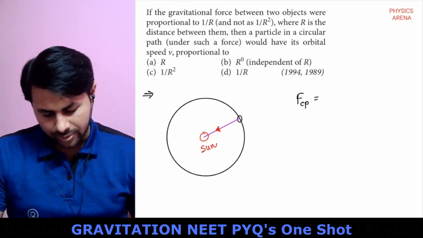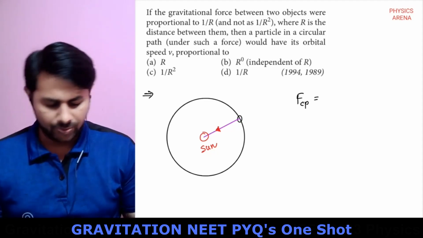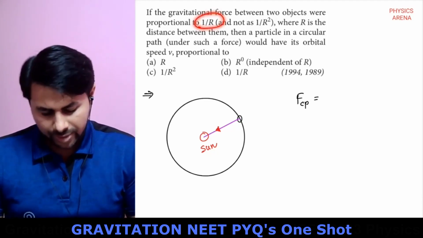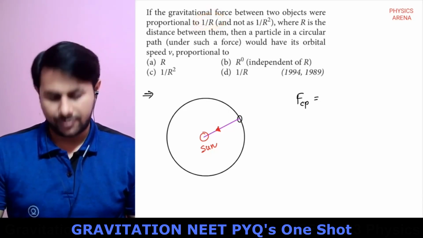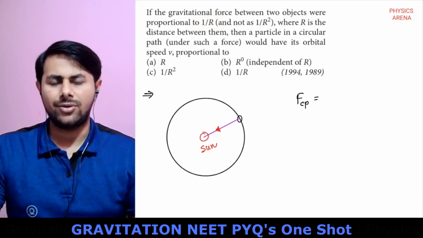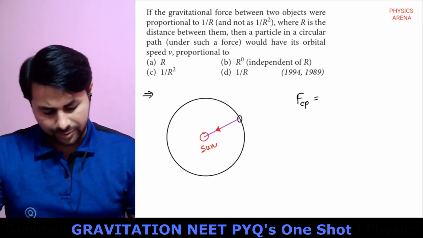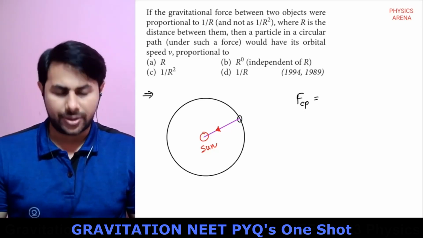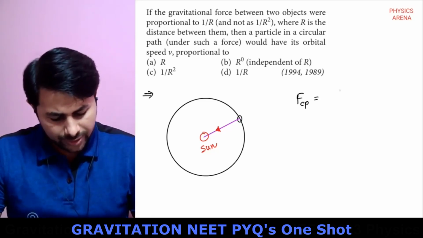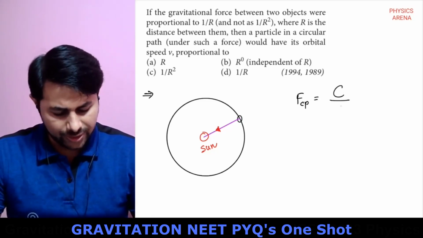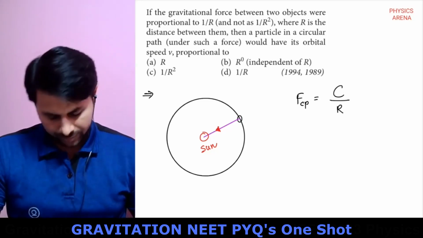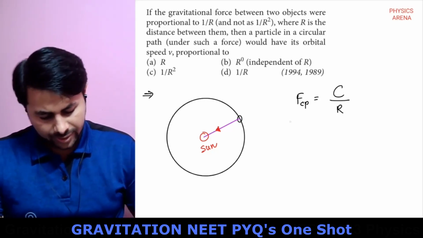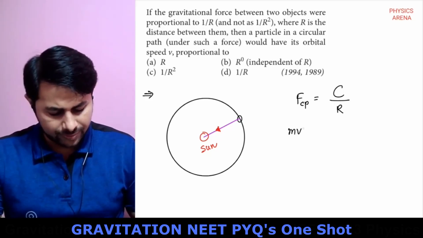Now suppose the gravitational force was inversely proportional to r, and not to r square. Then the speed is proportional to what? Let's suppose gravitational force is some constant c divided by r. Now what is F_CP? It is mv square upon r.